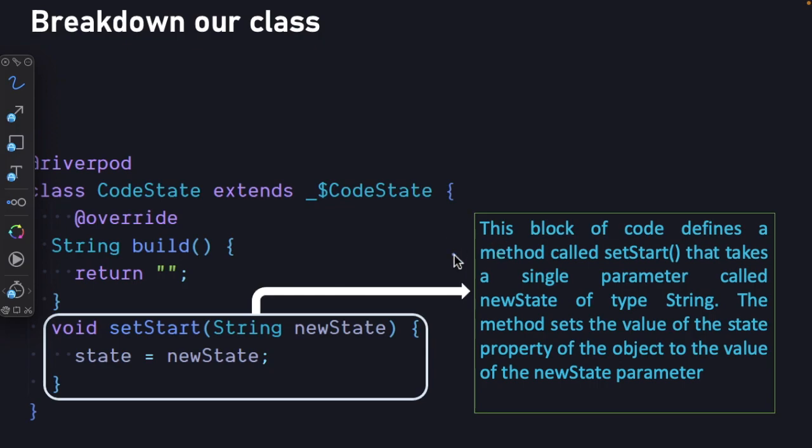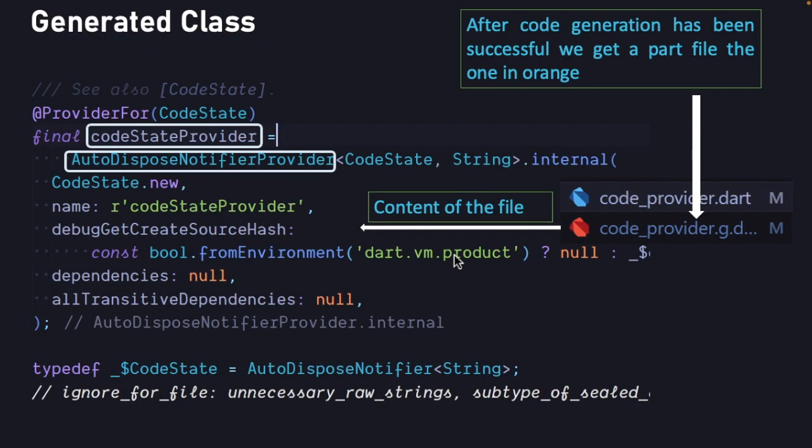So let's move on. After our code has been generated successfully, we will have two files. Initially we were working in this file. If you are done creating your class and everything checks out, and build runner is running on your application, it picks up the changes and generates the code.